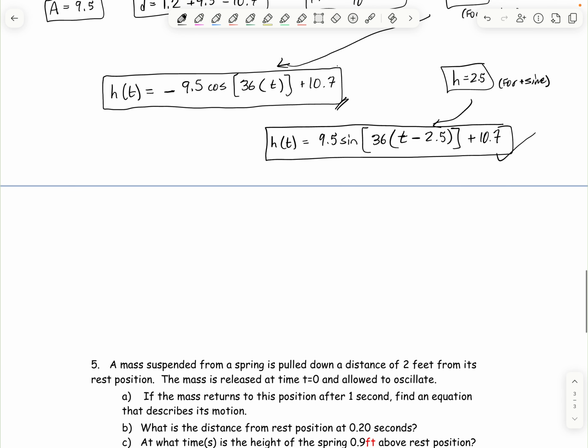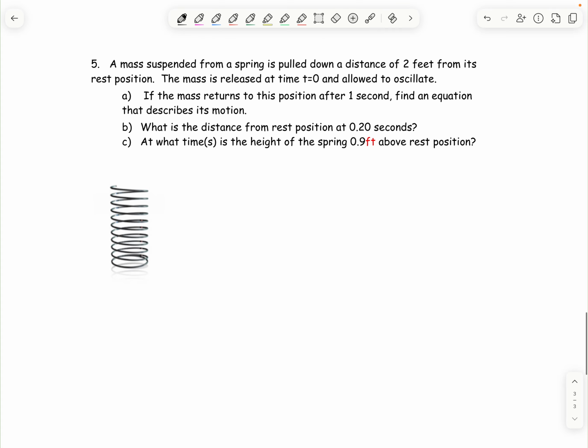All right. We are at the last problem here. So for this one, a mass is suspended from a spring and pulled down a distance of 2 feet from its rest position. The mass is released at time equals 0 and allowed to oscillate.